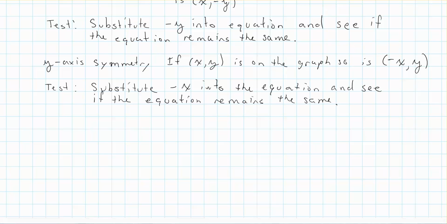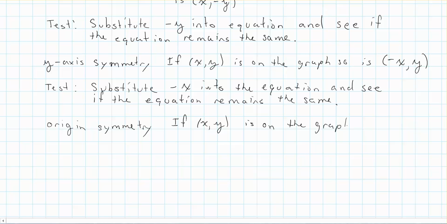And then origin symmetry. If (x, y) is on the graph, so is (negative x, negative y).